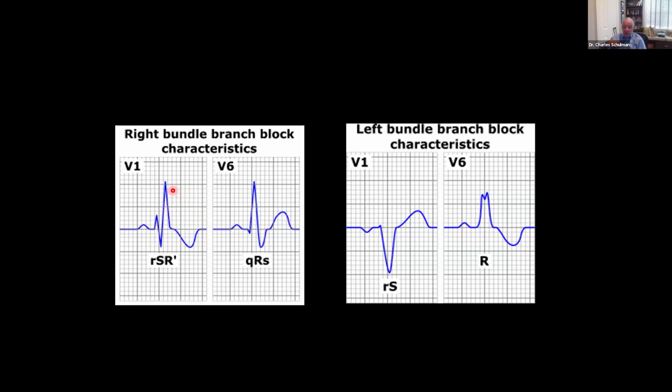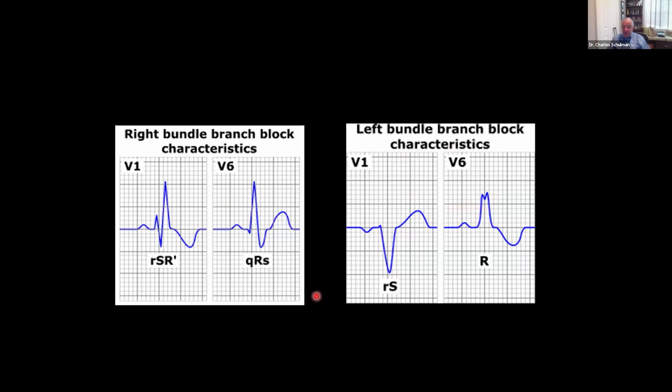Remember, V1 is located on the right side of the chest, so the dominant abnormal wave is to the right. As compared to left bundle branch block, where the dominant wave is negative or to the left, totally to the left, with a wide complex and perhaps a splintering.